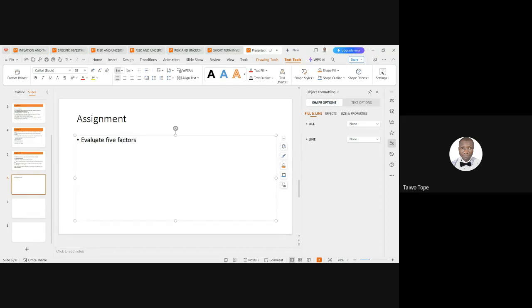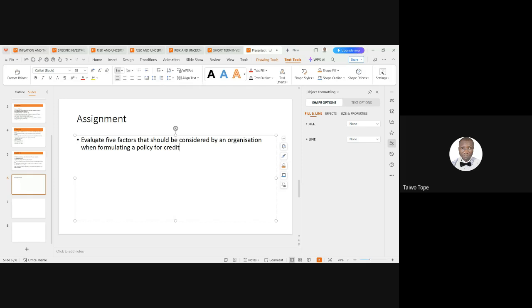This is a past question: that should be considered by an organization when formulating a policy for credit control.